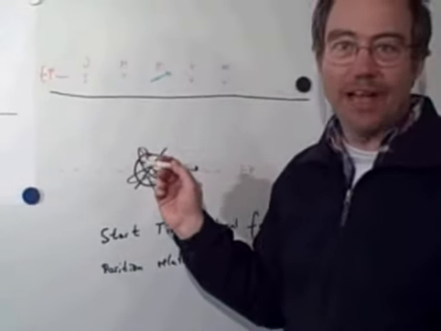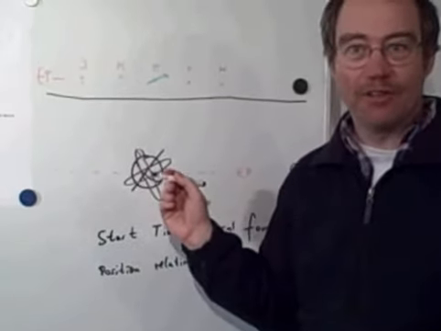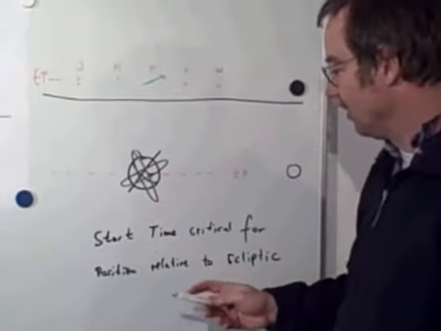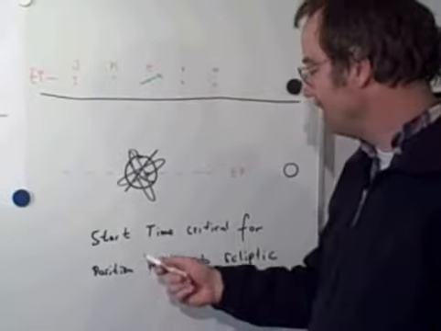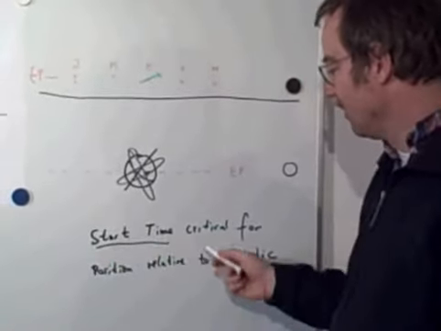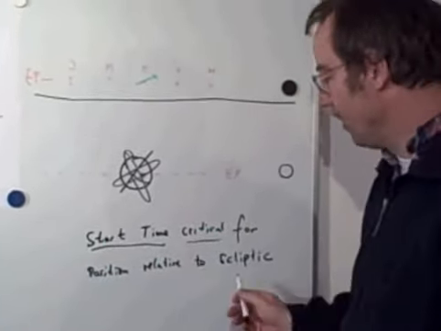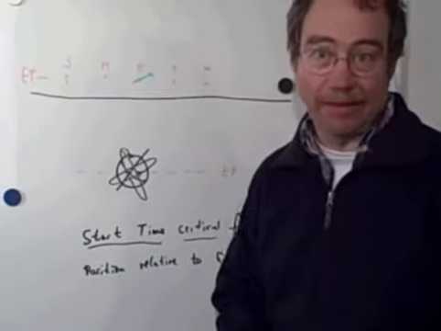If your goal is to get to somewhere else than the Earth, you are therefore dependent on the start time, which is critical for where you get relative to the ecliptic plane.